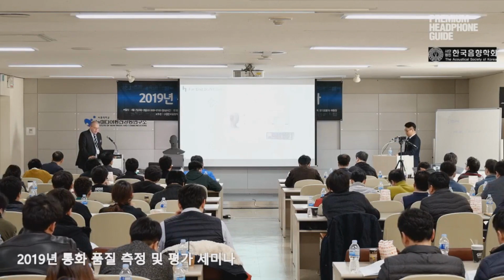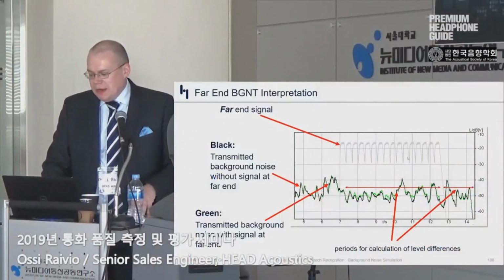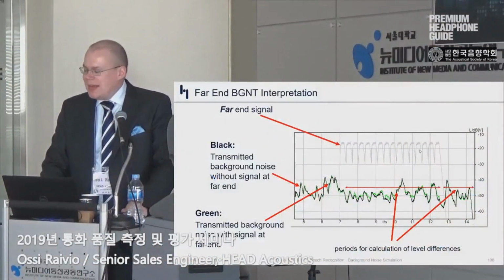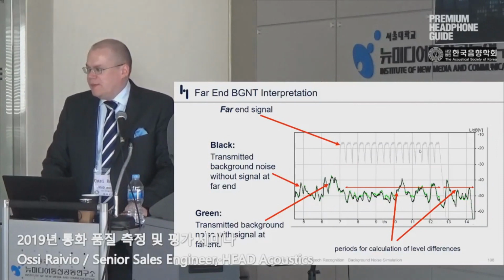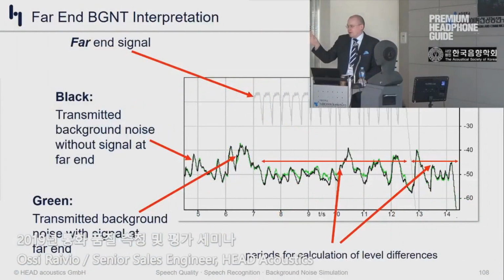So I have here a couple of examples. The light gray in my pictures is the far-end signal. It's just there to remind you where you have that far-end signal so that we can interpret the green and black curves more easily.